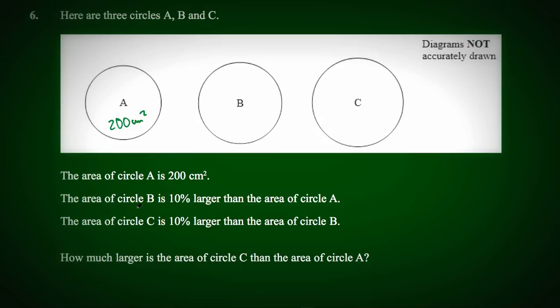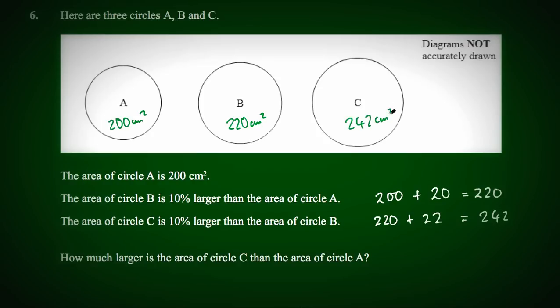So, an increase of 10%, 200 plus 10% of 200, which is 20, is 220, so that's circle B. Then 10% larger than the area of circle B, that is 220, circle B, plus 10% of that, which is 22, and that is 242 centimeters squared.